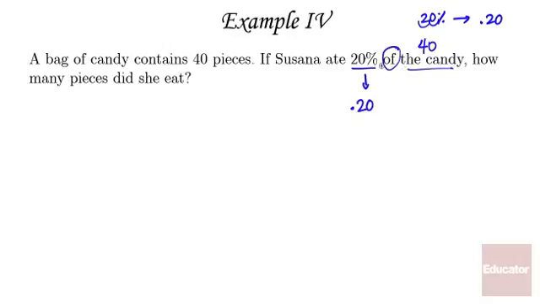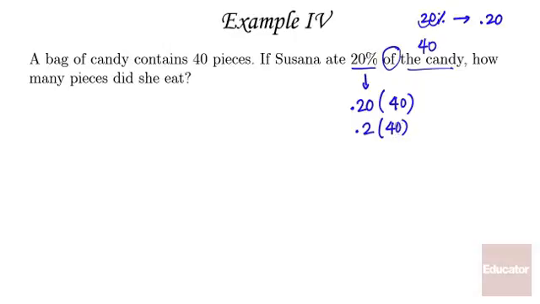Because she ate 20% of all the pieces. So times 40. So then here, remember, if the 0 is at the end of a number and it's behind the decimal point, I can just drop it. So this is the same thing as 0.2 times 40.